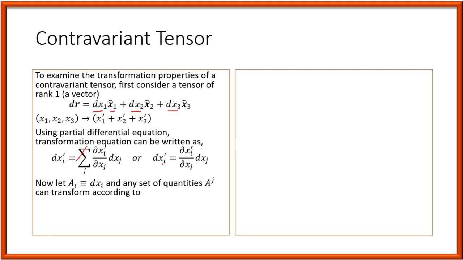Now I represent dxi dash as ai dash, and dxj as a superscript j, because we know that this is a component of a contravariant vector.